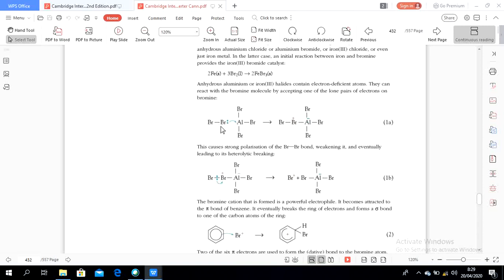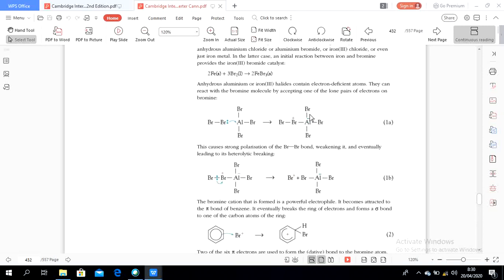That makes this bromine have an excess of electrons. It will make a dative covalent bond with the aluminum bromide or iron(III) bromide. Now aluminum has four bromines around it.